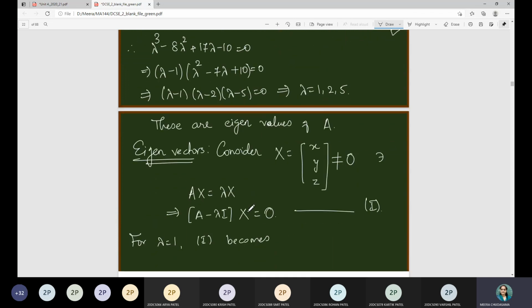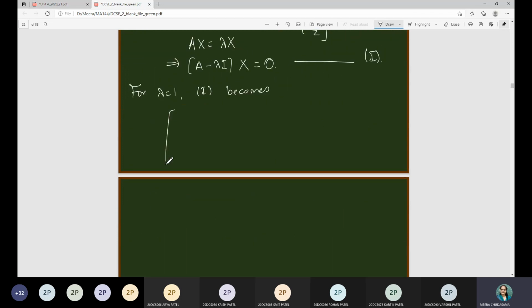So with lambda equal to 1, 4 minus 1 becomes 3. 2 and minus 2 remain as they are, then it is minus 5, 3 minus 1, so it will be 2, then 2. In the final row, minus 2 and 4 remain as they are, 1 minus 1, so this will become 0. X, y, z you have already chosen, equal to 0.